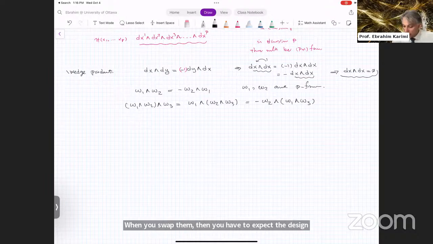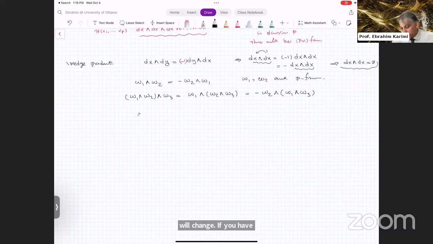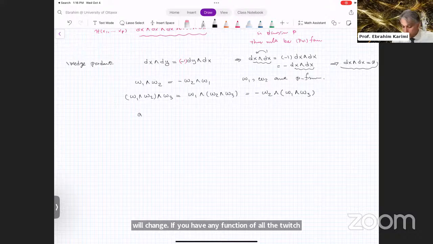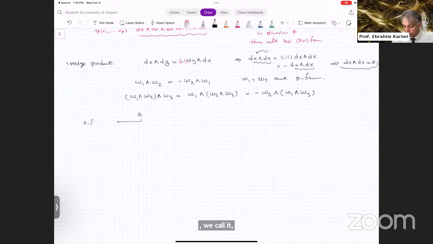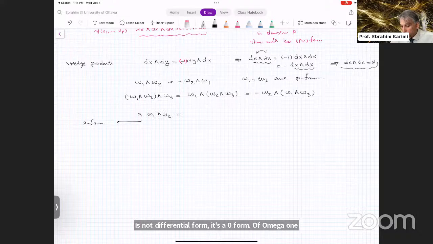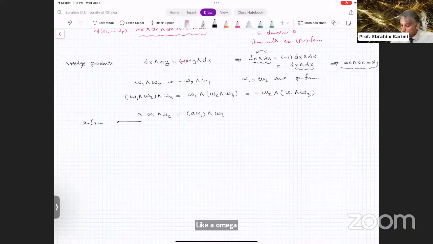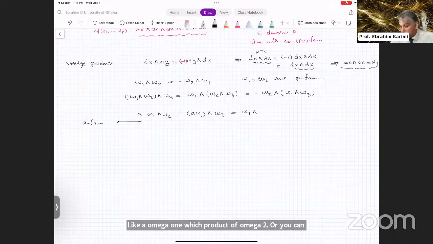If you have any function, or we call it a zero form, okay, this is the zero form, not a differential form, of omega-1 wedge product of omega-2, then you can cast it like a omega-1 wedge product of omega-2, or you can cast it in the last term, so you can write it as omega-1 wedge product of a omega-2.